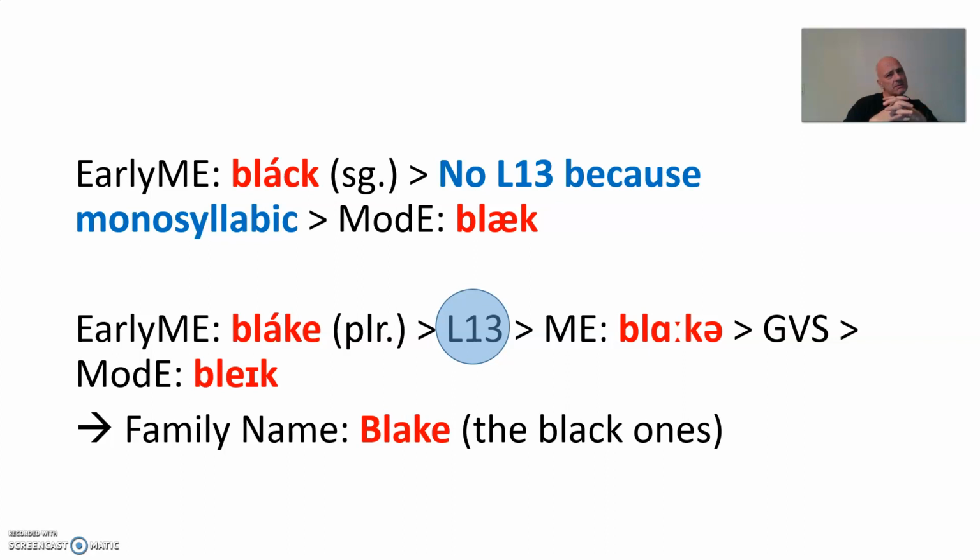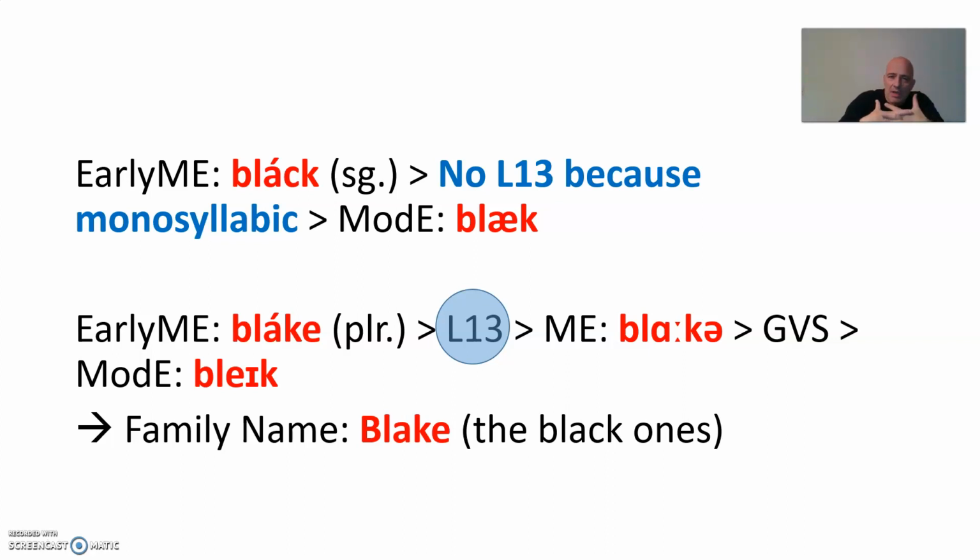However, in Old English and in early Middle English, many adjectives have a singular and plural form. Okay, so it's a difference if you say the black knight or the black knights. Black would be different according to the number of the noun which it qualifies.